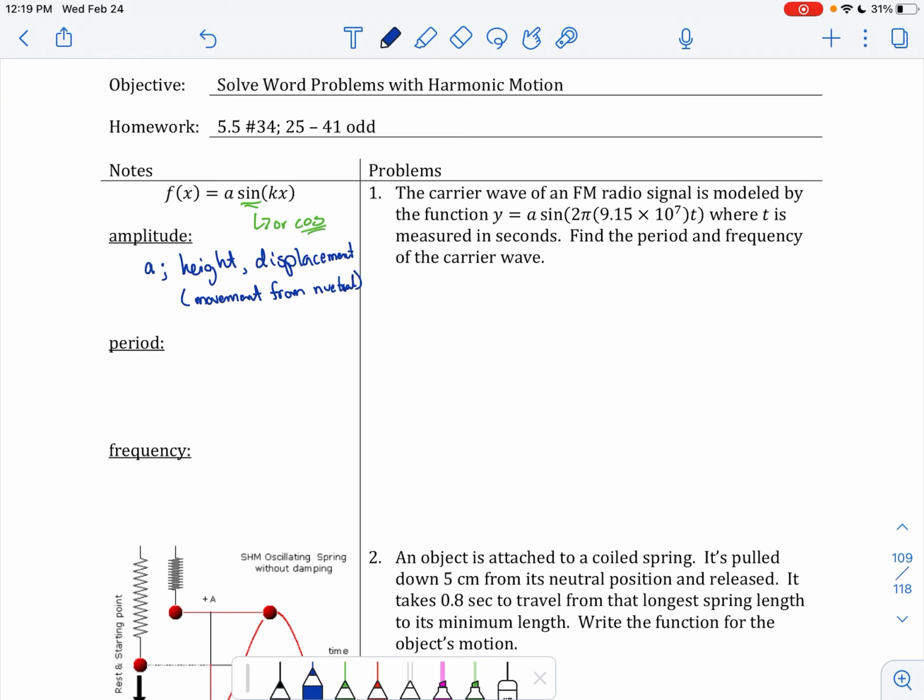Now your period, as you've thought about before, is 2 pi over k. In terms of these problems, think of this as the wavelength. Now we're introducing frequency, which is the reciprocal of period, so it's k over 2 pi, and this is the number of waves per unit of time.